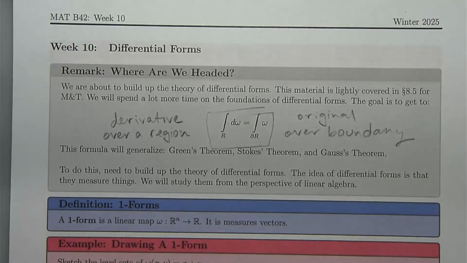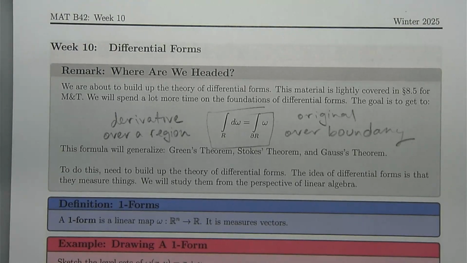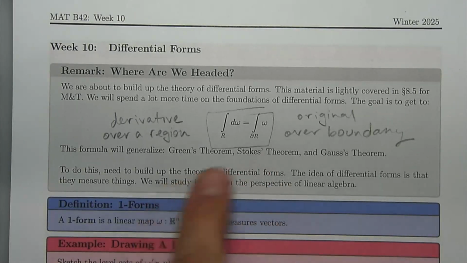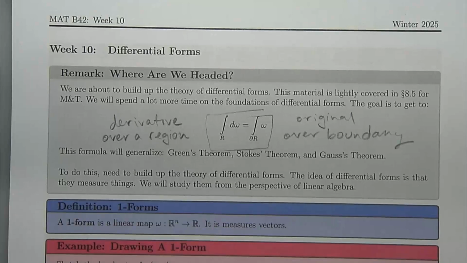Right, and that's kind of our feeling of what all these theorems have been saying throughout the course. Okay, to do this, we're going to need to build up a theory of differential forms. The idea is that differential forms measure stuff, right? That these d omegas are some kind of taking a measurement of a box or a measurement of an area or something like that. We're going to study them from the perspective of linear algebra, so we're going to do some kind of linear algebra heavy stuff.